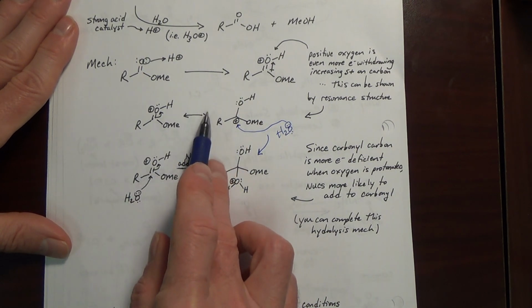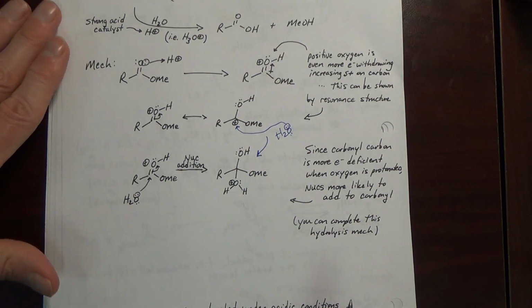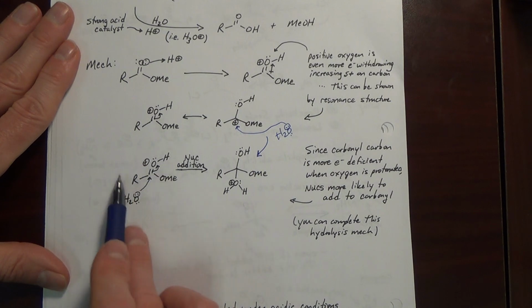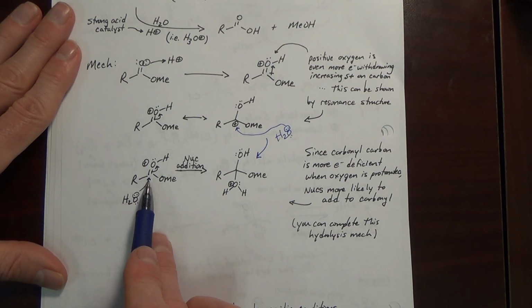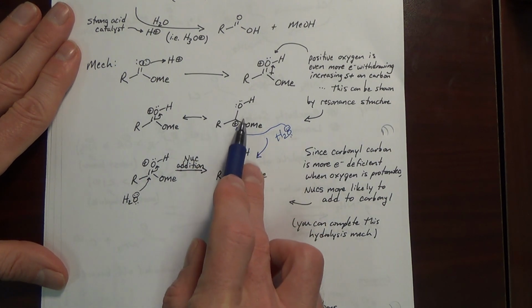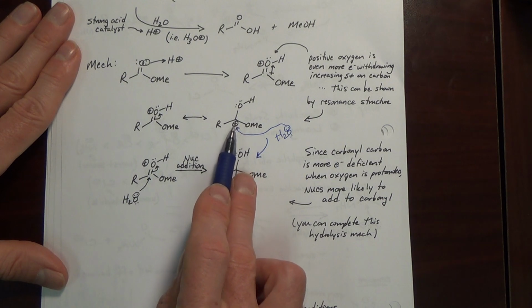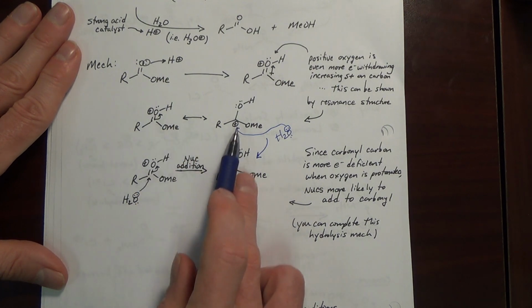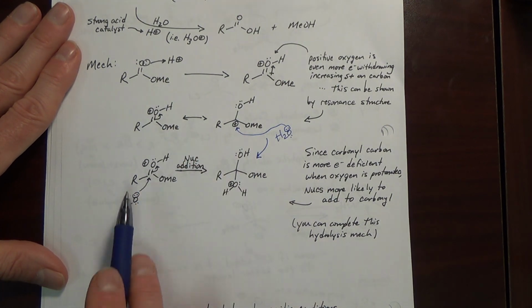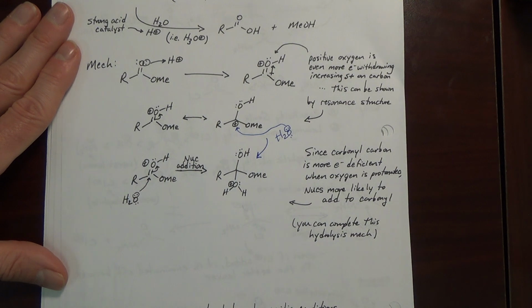The true structure is actually the resonance hybrid. We typically do work from this one. This is the one we'll show. But you need to understand the resonance here and the positive charge on the carbon in this resonance structure. Overall, it's a partial positive on that carbon. And we can do our nucleophilic addition.